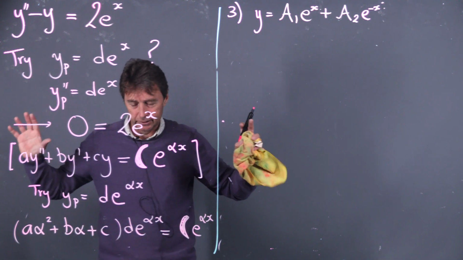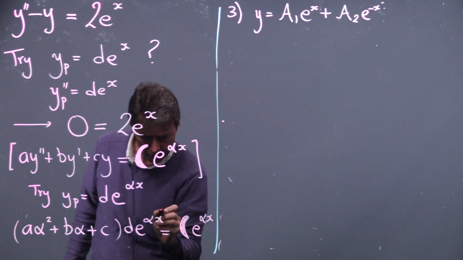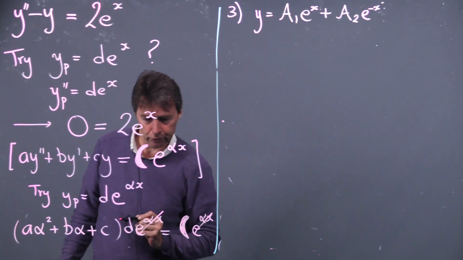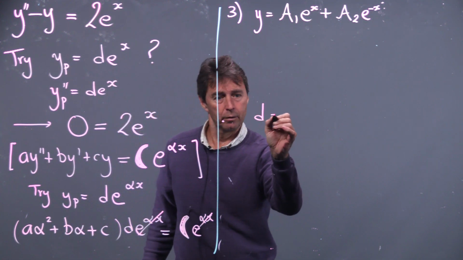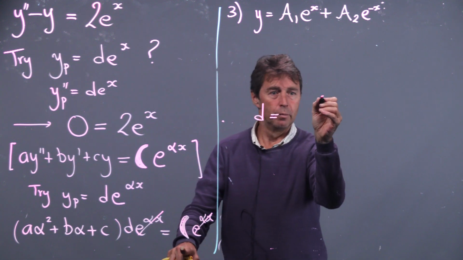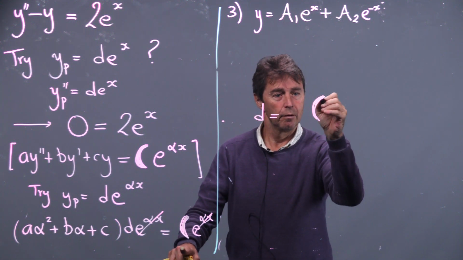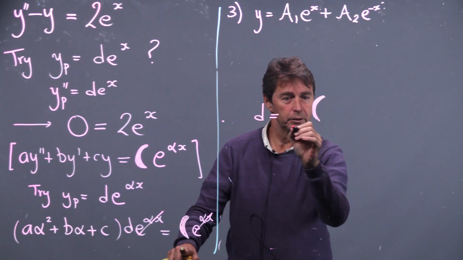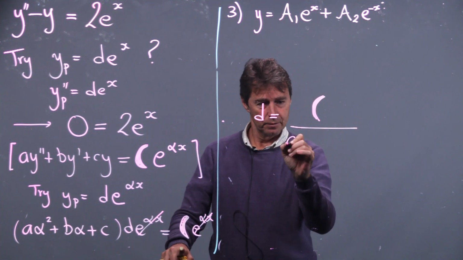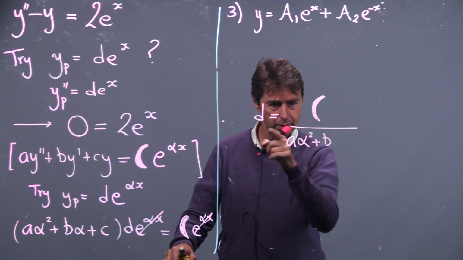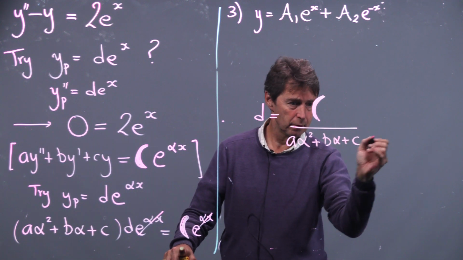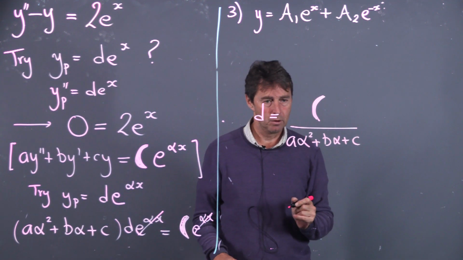So at this stage, you say, woohoo, I'm on the right track because I can strike off the exponential. And as long as I pick d to be banana over this, it's kind of time consuming to draw bananas all the time. As long as I pick d to be this, then I'm good.